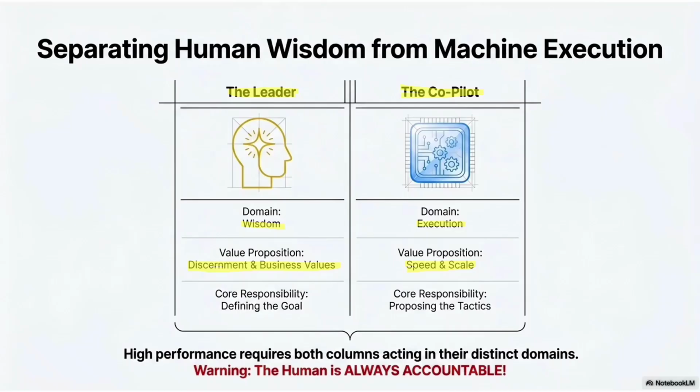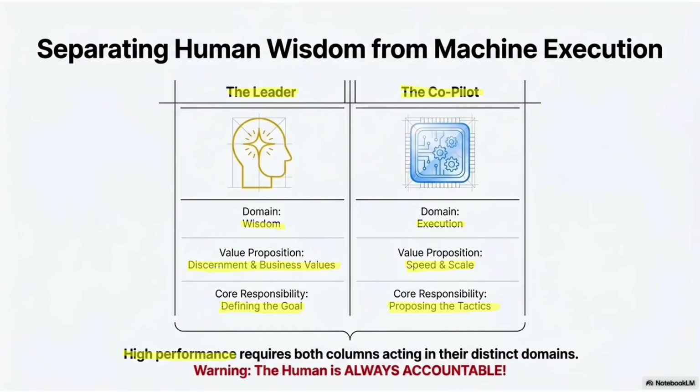The core responsibility of the human is defining the goal. What are we trying to get done? And then it proposes the how, starts giving us the pathway to get there effectively. It can plan, it can report, it can give us lots and lots of help in getting there. And that's where the high performance comes from.